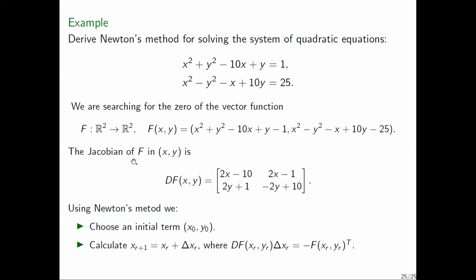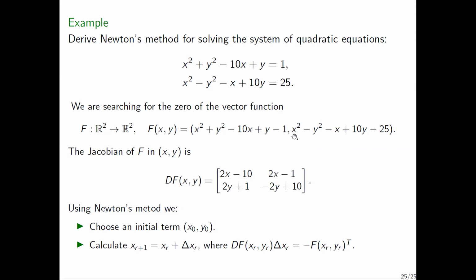So we calculate the Jacobian of F. In the first row, we have partial derivatives of the first function. The first one is 2x minus 10, and then the second one is 2y plus 1. In fact, this 2y plus 1 should be written here.